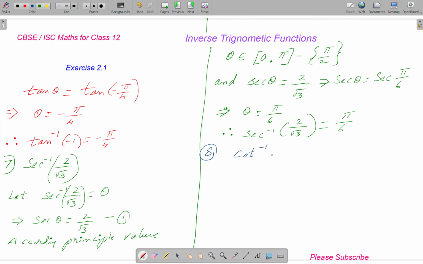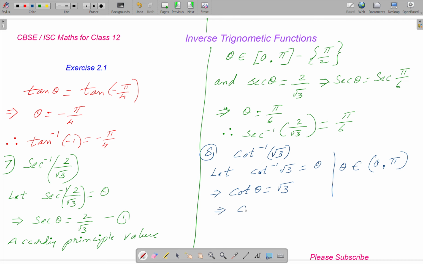Now, question number 8. Cot inverse root 3. Let cot inverse root 3 is equal to theta. That implies cot theta is equal to root 3, and theta is an element of the open interval 0 to pi.